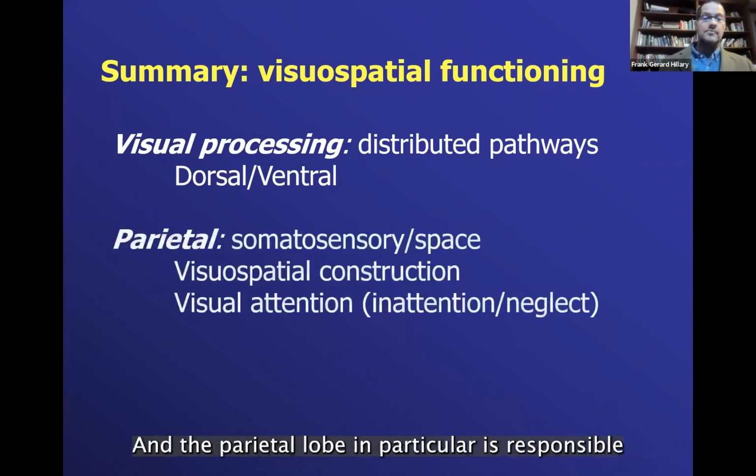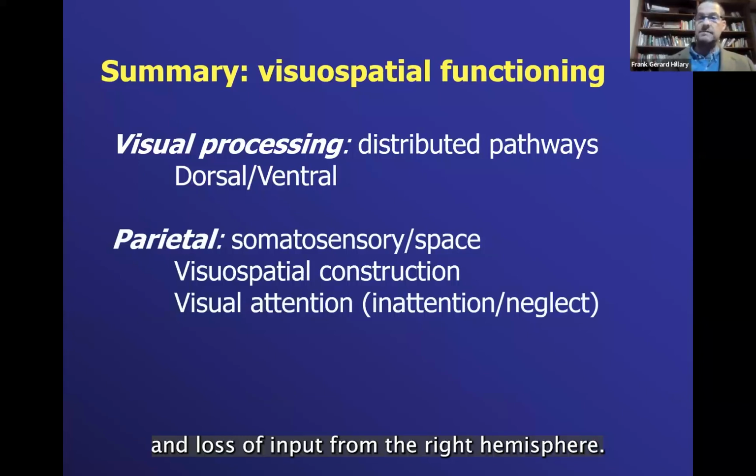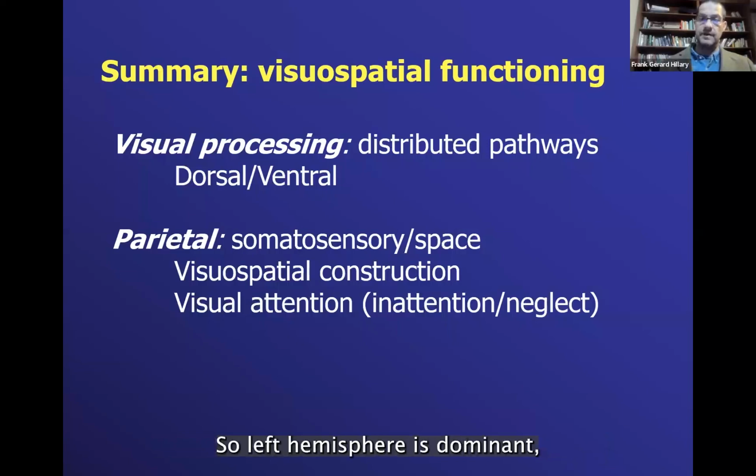And the parietal lobe in particular is responsible for somatosensory and spatial visual spatial construction, and visual attention. And loss of input from the right hemisphere, so the left hemisphere is dominant, can result in inattention or neglect.